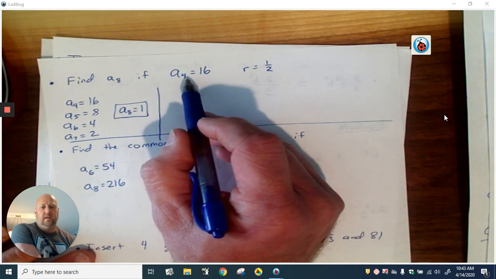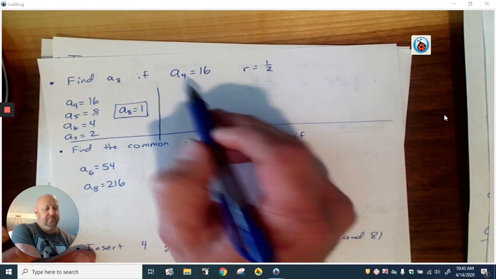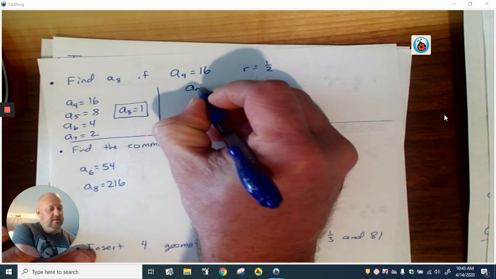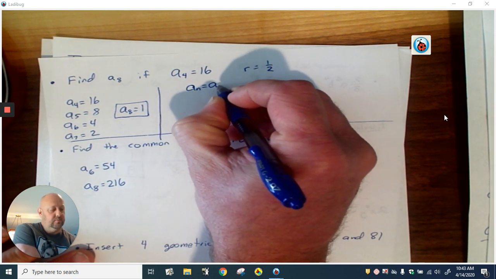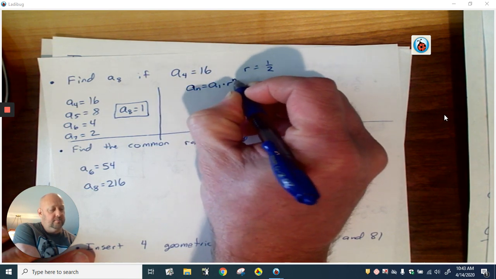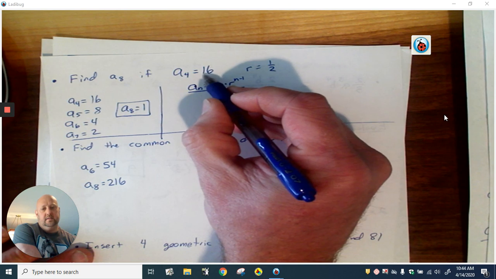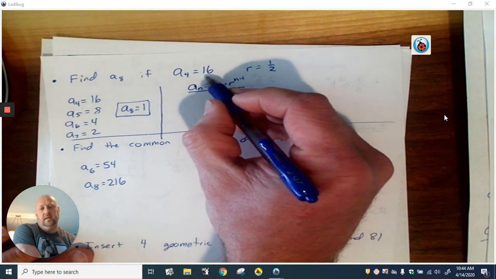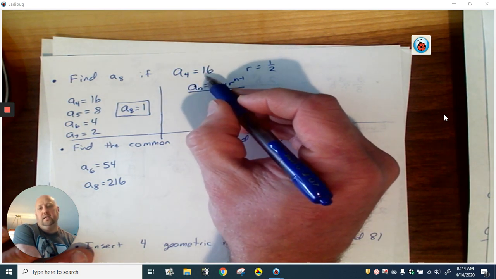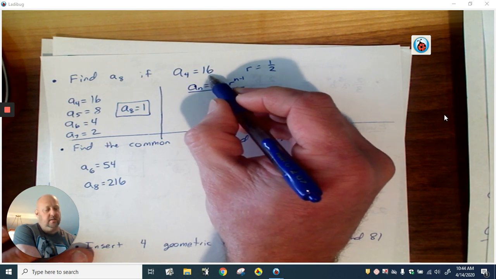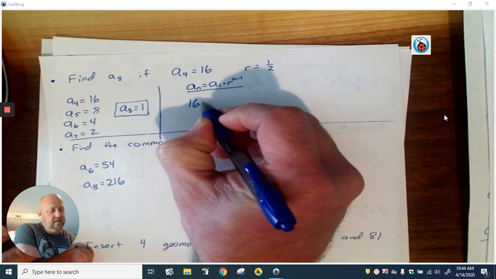What I could do is use the explicit formula: a sub n equals a sub 1 times r to the n minus 1. Could use that formula. That means this a sub 4 equals 16 means there must have been an equation that equaled 16. So I could put 16 here.